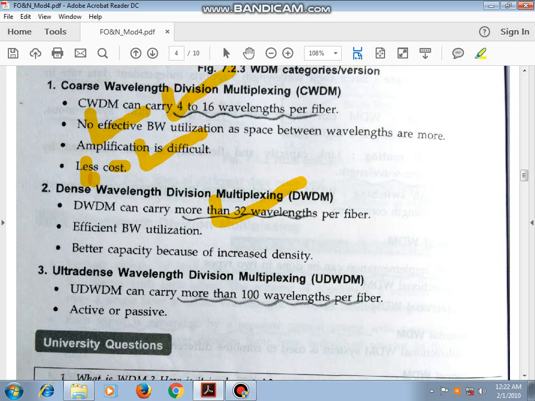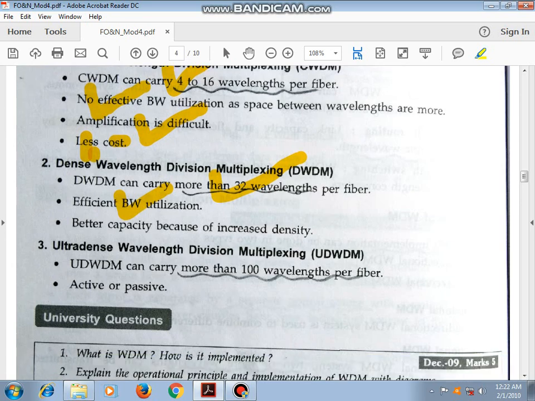Efficient bandwidth utilization is possible here, because you have more transmitters, so you are using the complete bandwidth. Next, better capacity because of increased density, since you have utilized the complete bandwidth of the channel. This is the feature of dense wavelength division multiplexing.